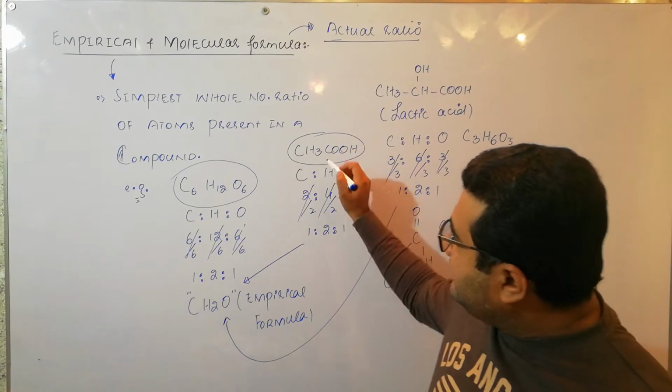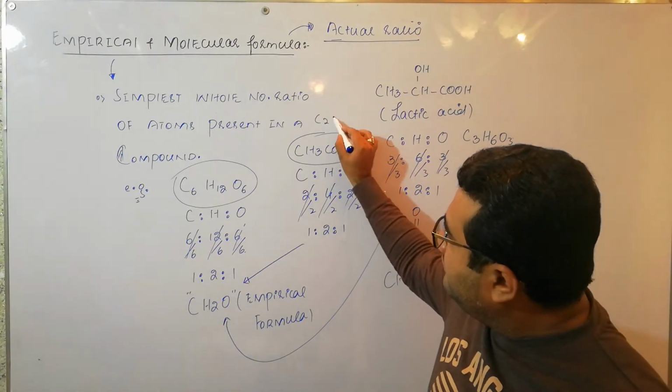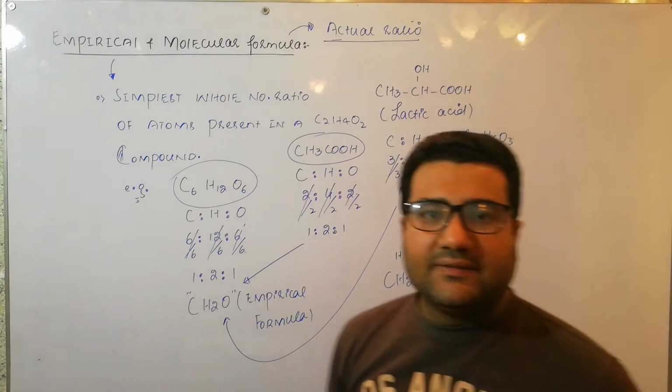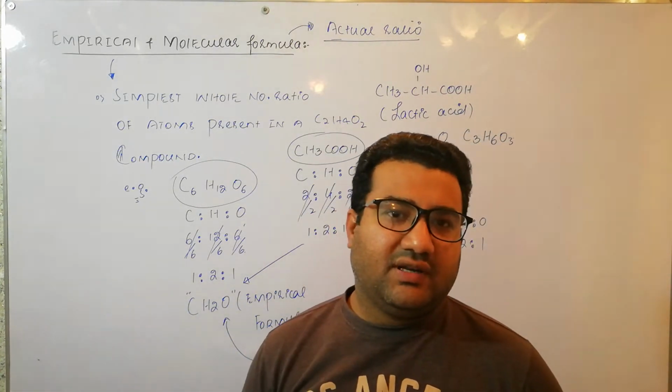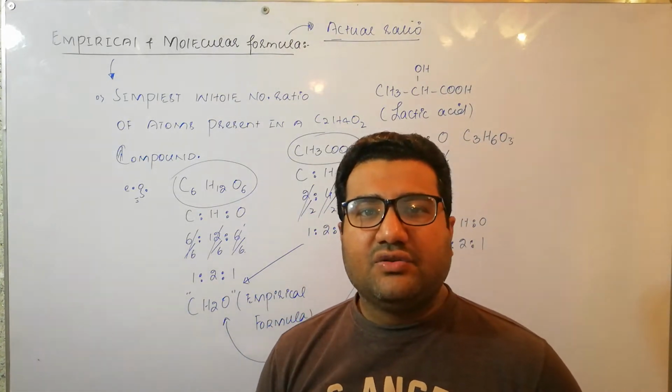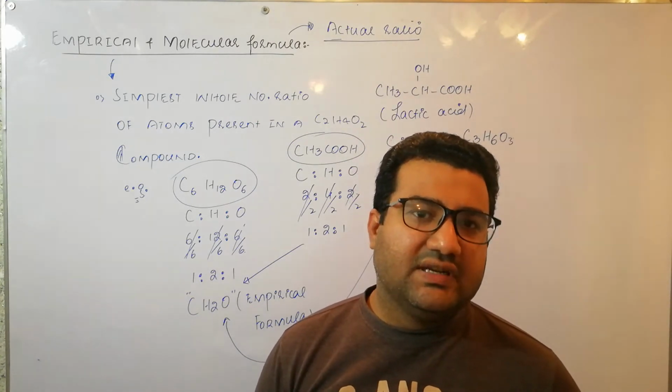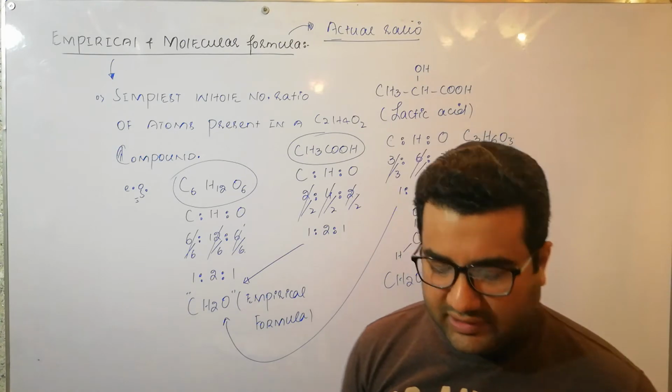And in case of acetic acid, C2H4O2 will be its molecular formula. So empirical formula shows simplest composition and the molecular formula shows actual composition of a compound.